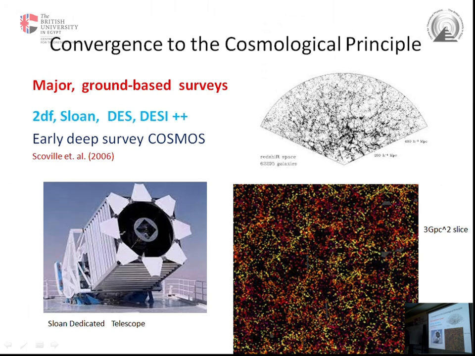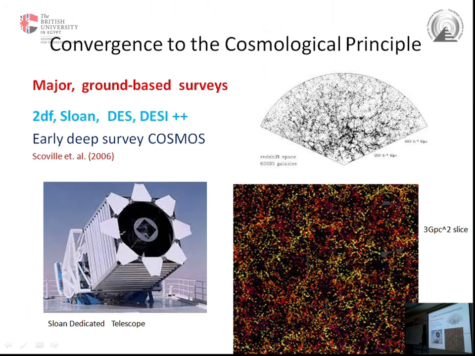The basic thing about dedicated telescopes is they have special cameras where they can do spectroscopy in one shot over a large area with a lot of galaxies.